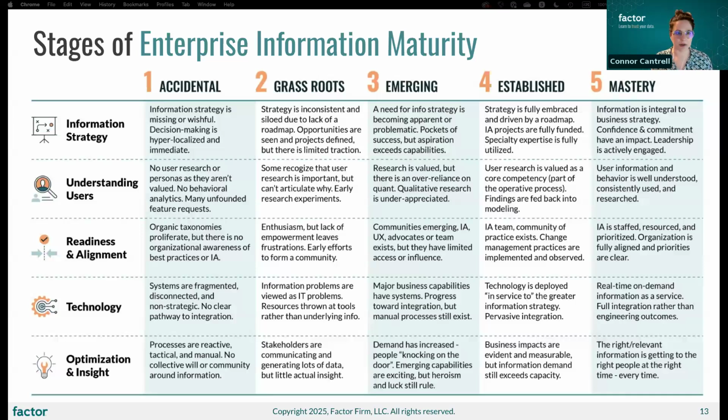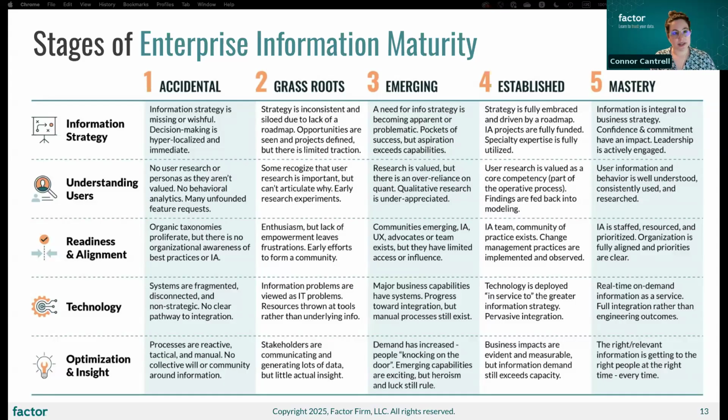So as you can probably tell from this scale, an organization's information maturity is comprised of several different features. That includes the UX research apparatus, content strategy, data insights, and information strategy, including, yes, taxonomies.